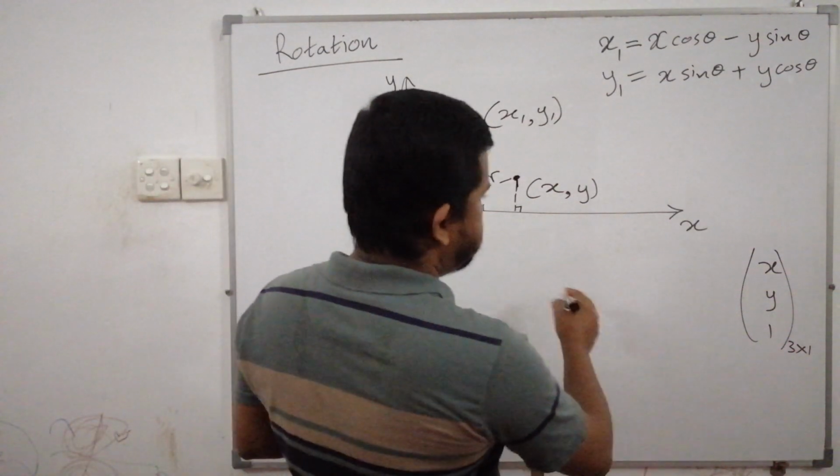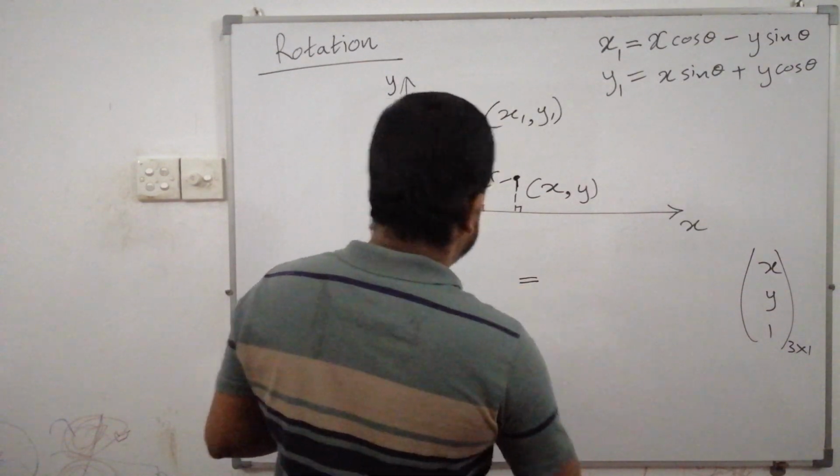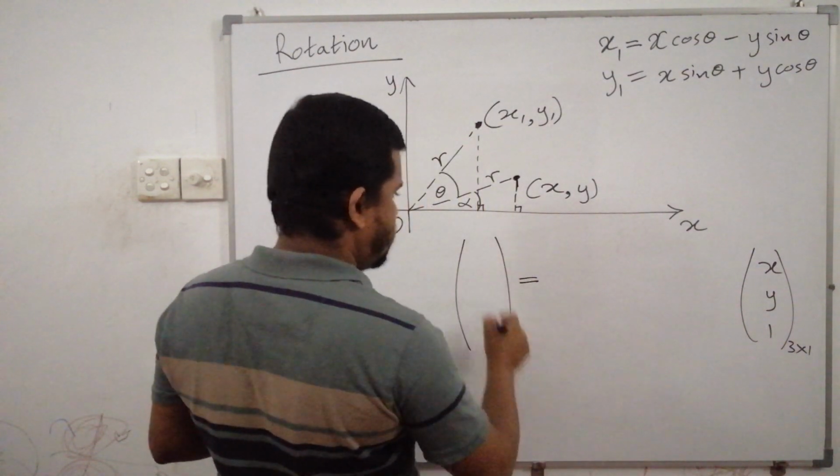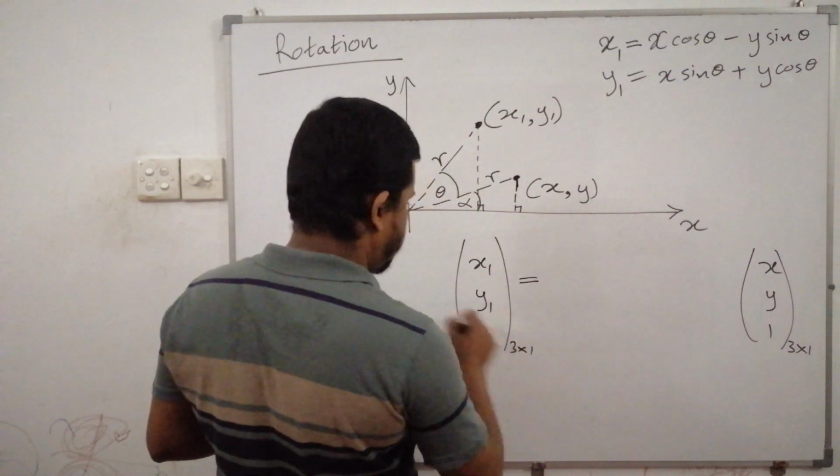So now here we get this matrix x1, y1, 1, 3 cross 1.